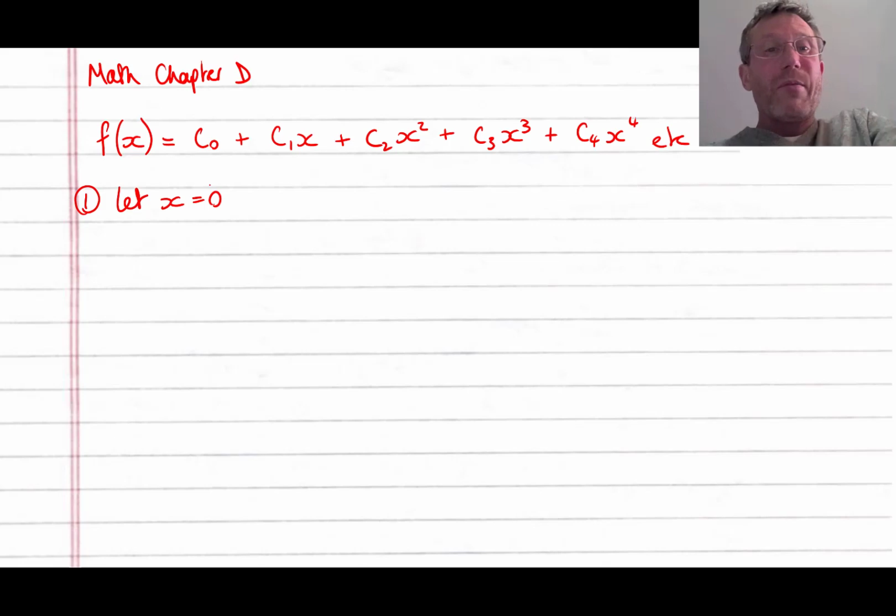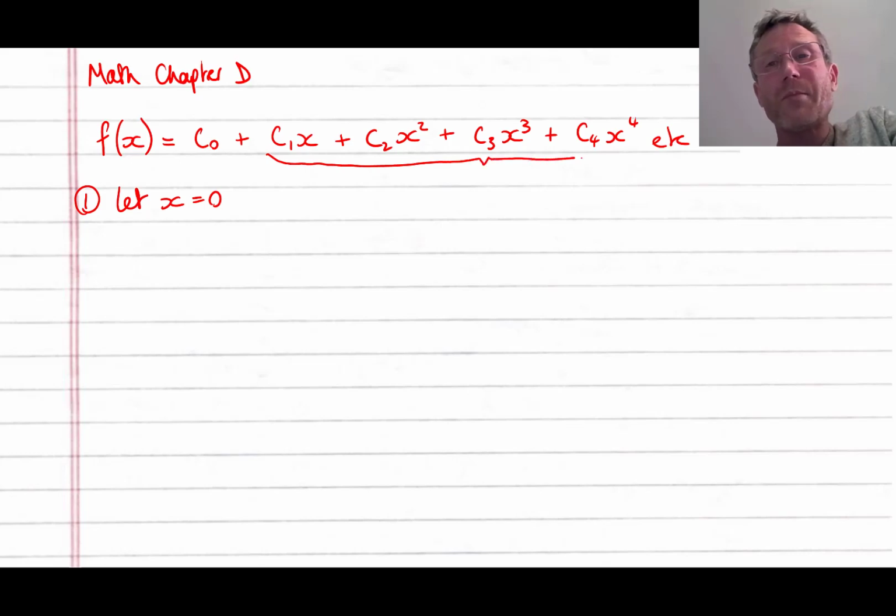Of course, when x equals 0, all these terms where there's an x in there go away, and so we recognize that f of 0 is equal to C0.